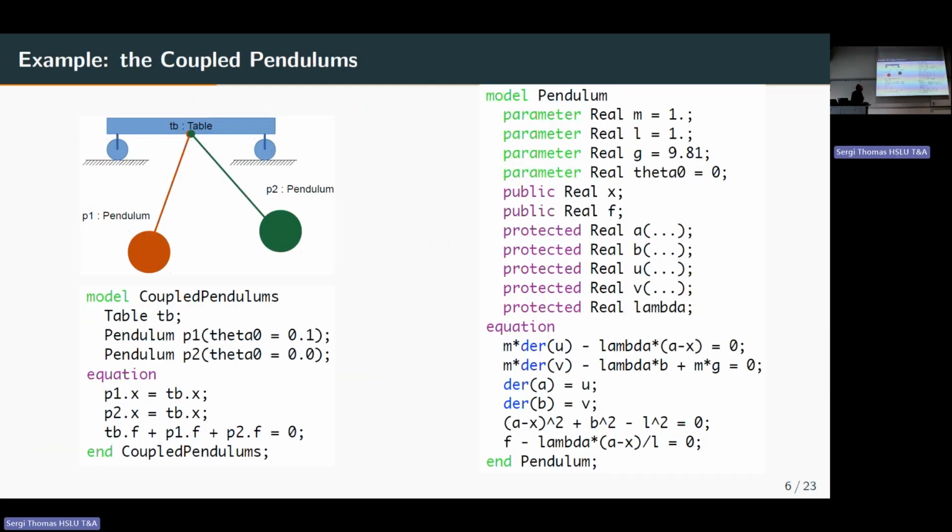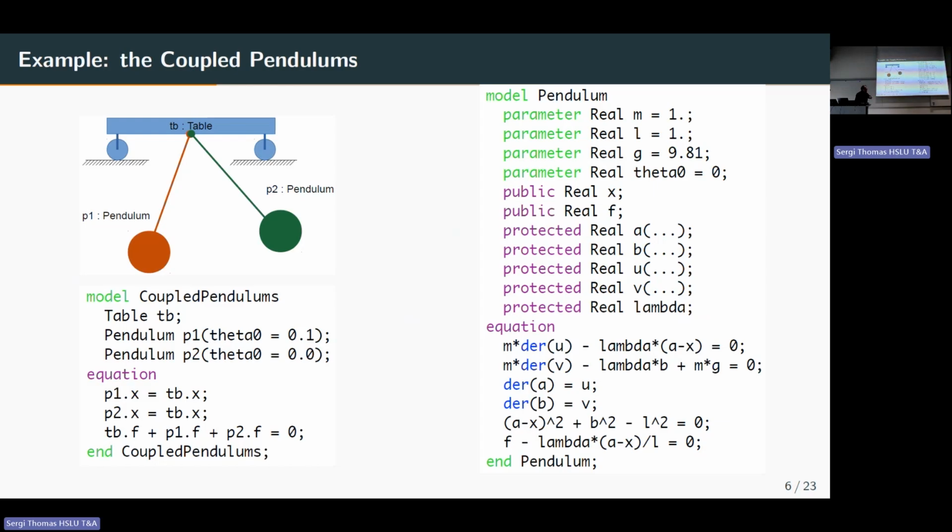So I will illustrate my contribution on this very small Modelica model. It's two pendulums that are attached to a table that can slide without friction, and so the two pendulums interact because you see that the table is moving slightly.